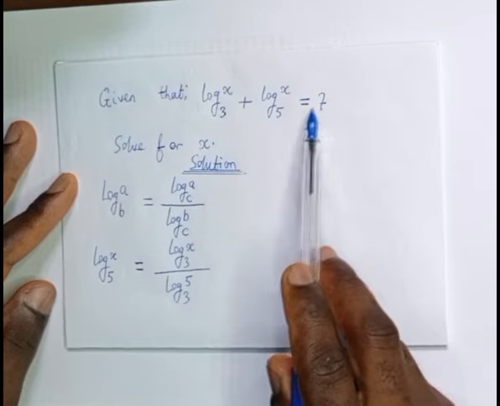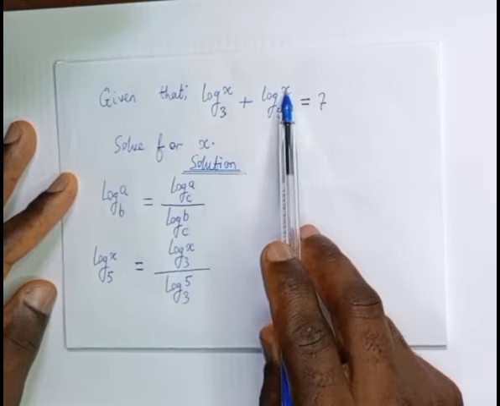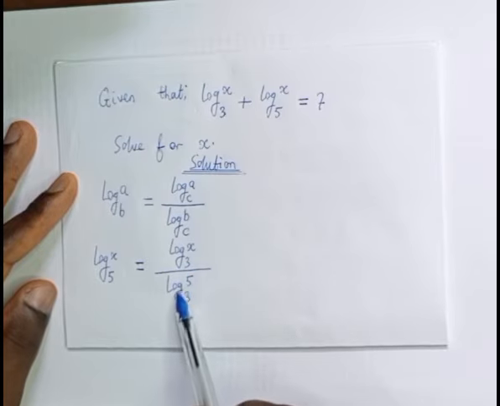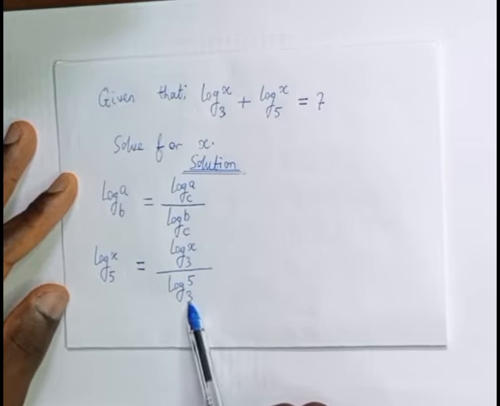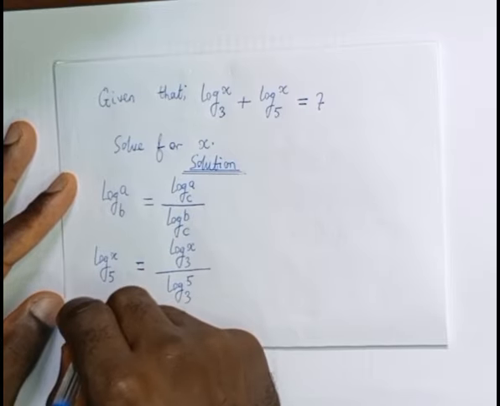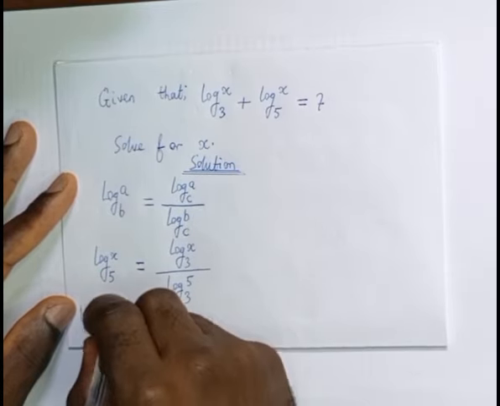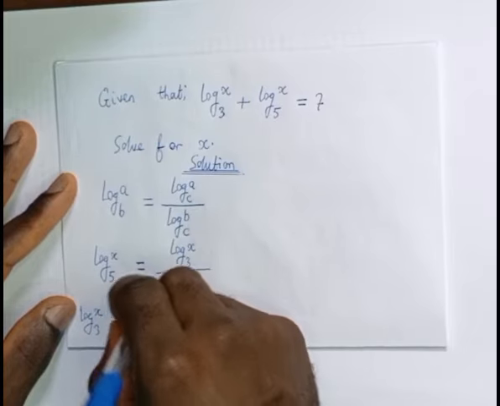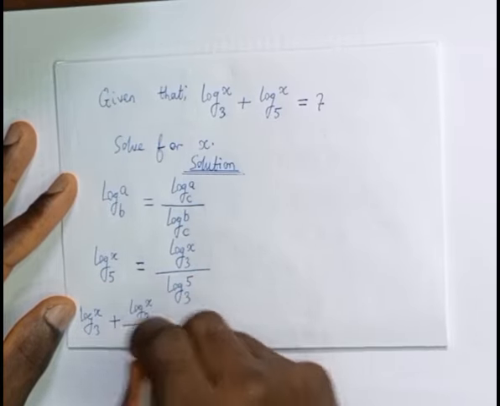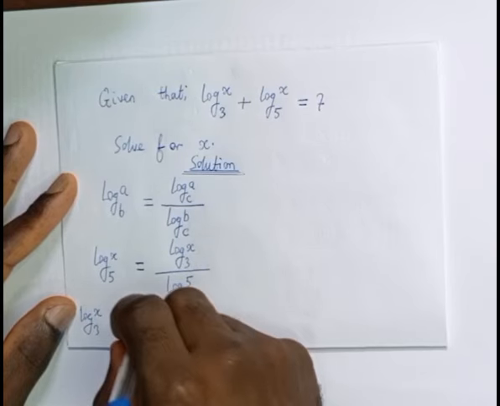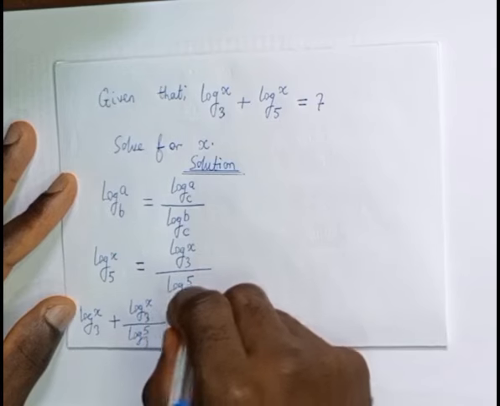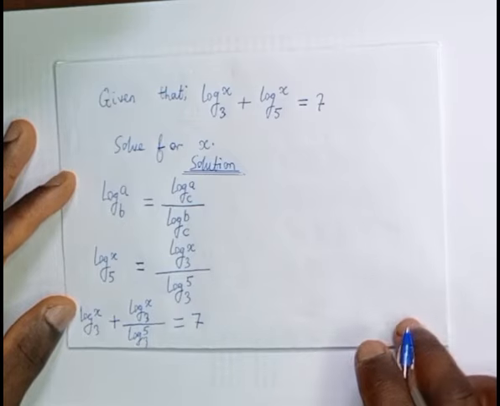In this equation, we are going to replace log x base 5 with log x base 3 all over log 5 base 3. This will give us the log of x base 3 plus the log of x base 3 all over the log of 5 base 3, which is equal to 7.